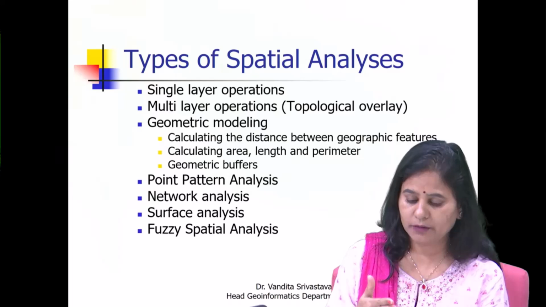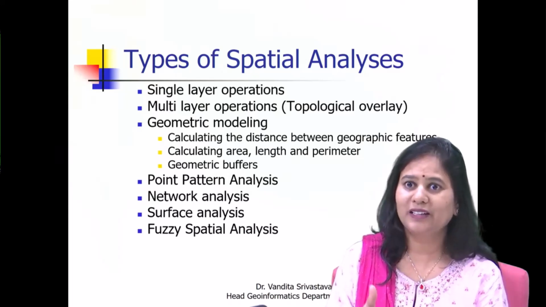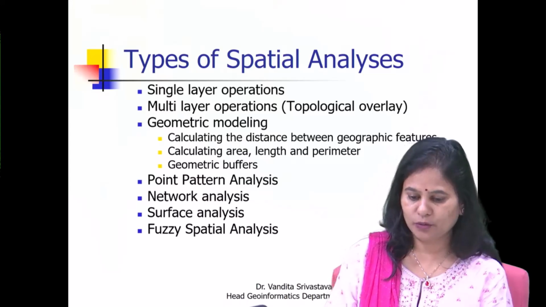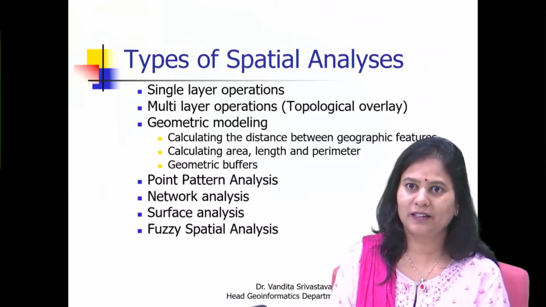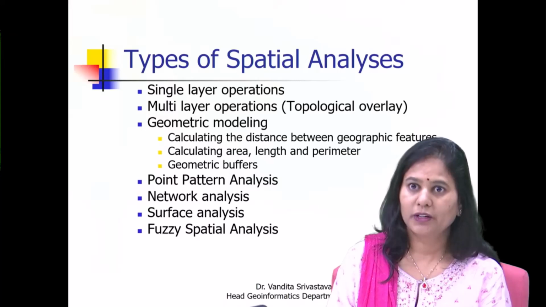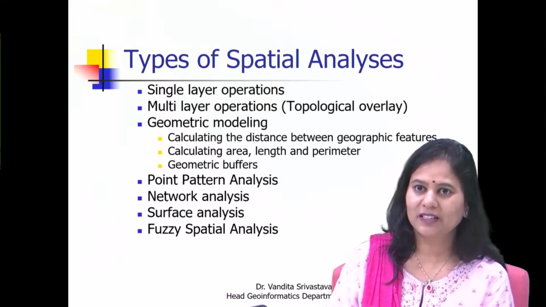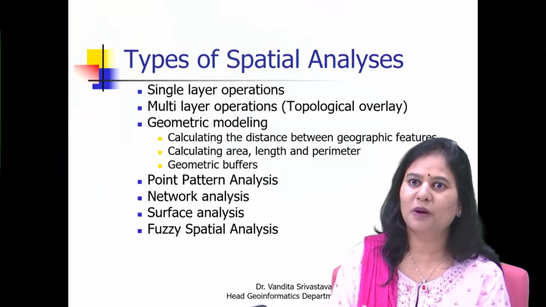You cannot have a single line that will tell this is the bank if you have a shallow river. If it is a very deep river, then usually you have crisp boundaries, but when you have a sandy layer and it is gradually changing from land to water, then you have a gradual change. You cannot put a crisp boundary there.